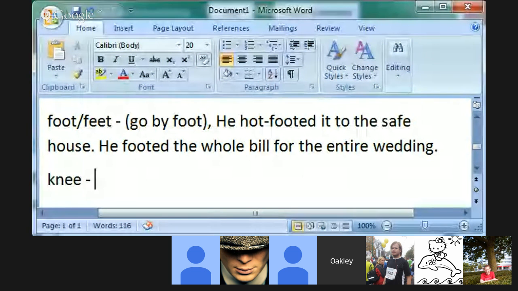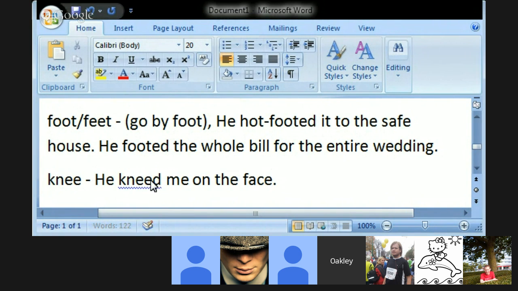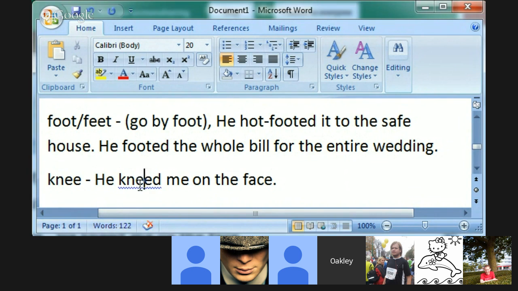Okay, he kneed me on the face. Can I use that? Let's try it. He kneed me on the face. Yes, it can. Knee can be a verb.